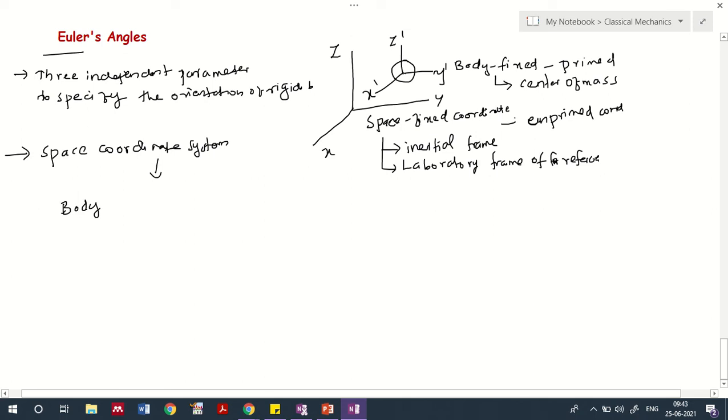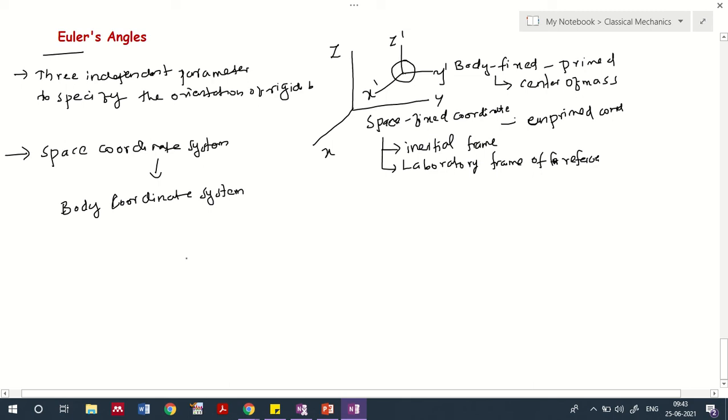If you want to convert a space coordinate system to a body fixed coordinate system, we will utilize Euler's angles. I already said the space coordinate system is a rest frame of reference, which is why we call it an inertial frame, and the body coordinates can be a moving frame of reference.